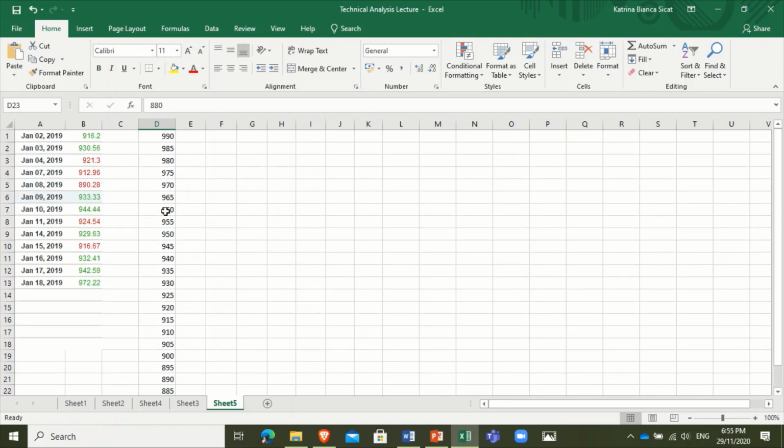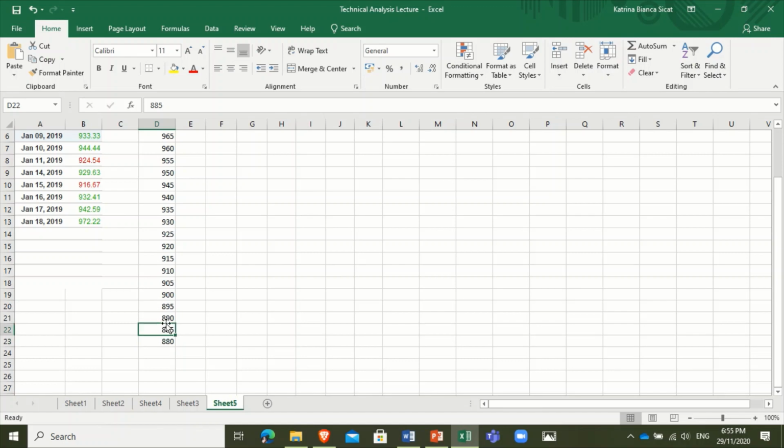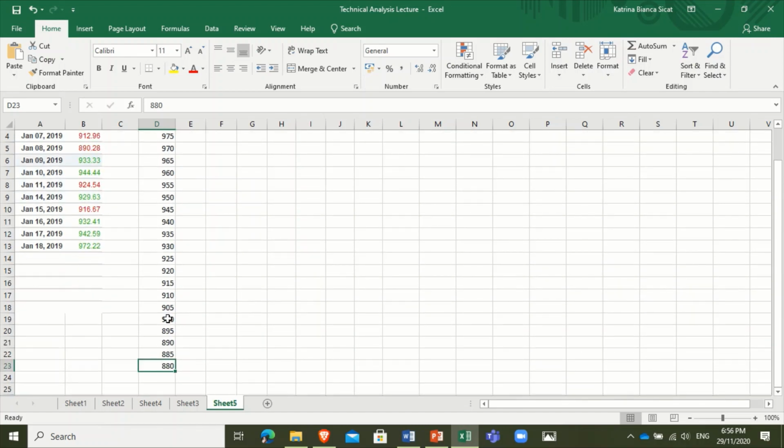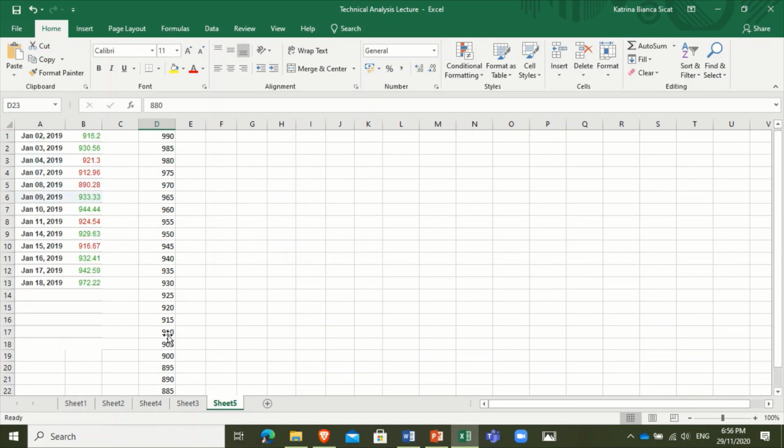The interval of our y-axis is 5. Kung titignan nyo nga naman, ano? So, for this box size, it is composed of 5 pesos each. Okay? So, sa isang box size, meron kang 5 pesos na interval. Okay? Again, that is what you call a box size.